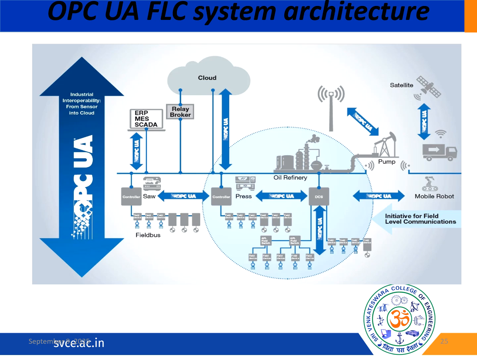So moving on to the OPC UA FLC system architecture. This diagram explains the Open Platform Communications Unified Architecture. This architecture provides industrial interoperability across different systems, devices, and communication layers.